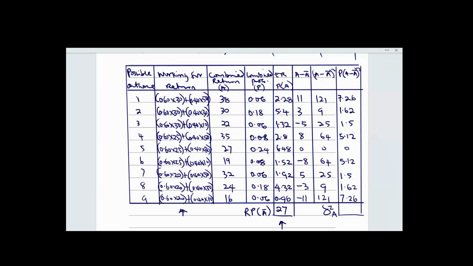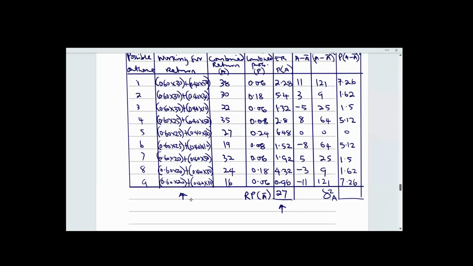You then add up everything. What you get? Add up the variance. The variance of the portfolio is 31.